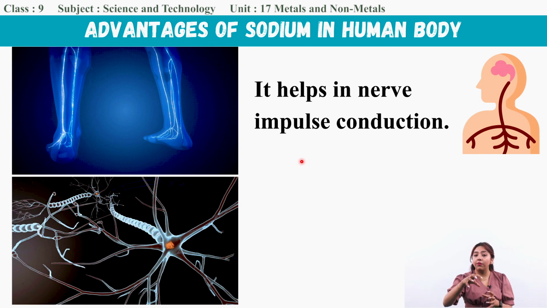For the nerve to conduct the impulse from the brain to that part of the body and back, sodium is very important, because sodium is the major electrolyte that helps in nerve impulse conduction throughout the body. These are the advantages of sodium.